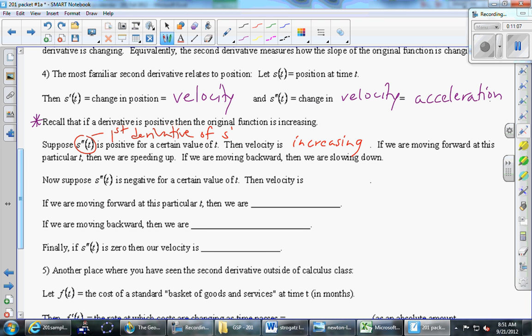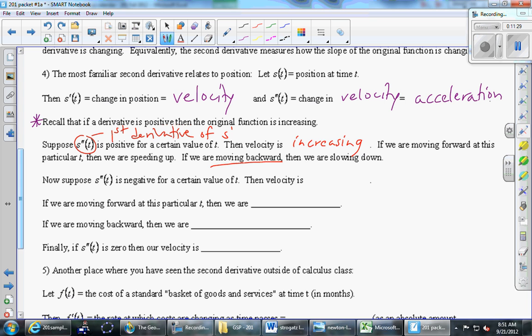Now, most of our experience involves moving forward. Walking, driving, biking, whatever. We're almost always moving forward. So if we're moving forward and we are accelerating, then we're speeding up, right? But we don't have a lot of practice with this part. If you are moving backwards, but then accelerating in the positive direction, what are you actually going to do? You're actually going to slow down.